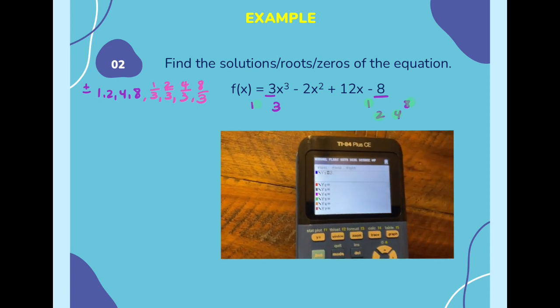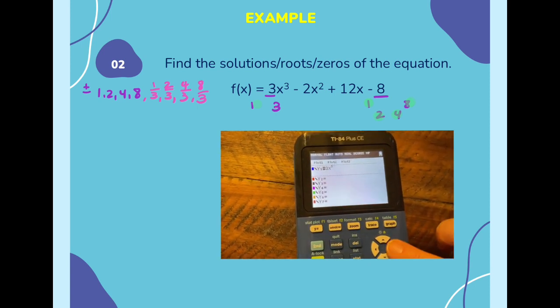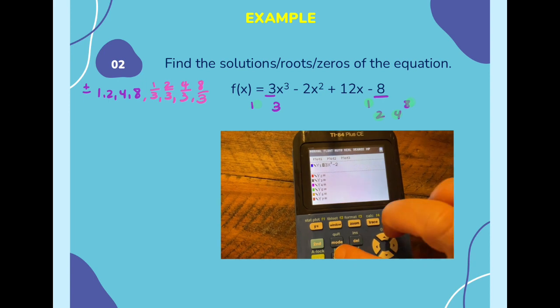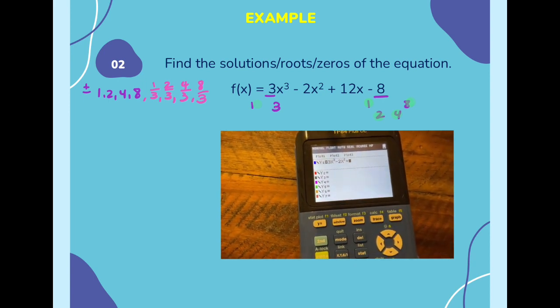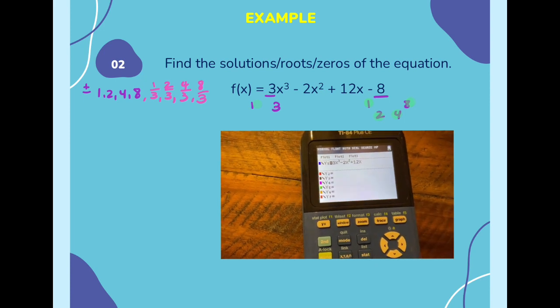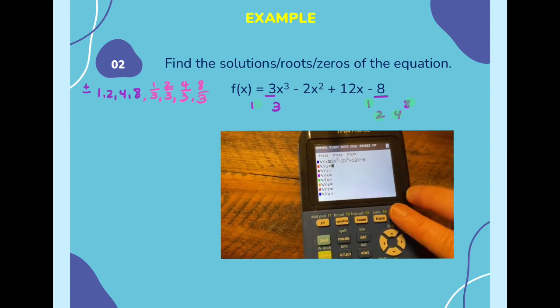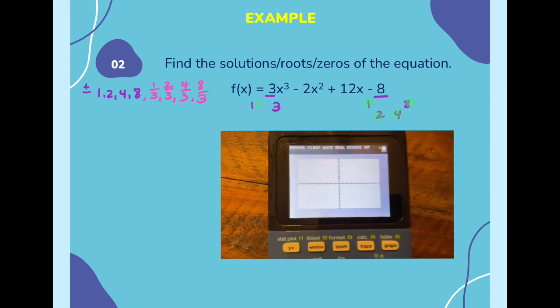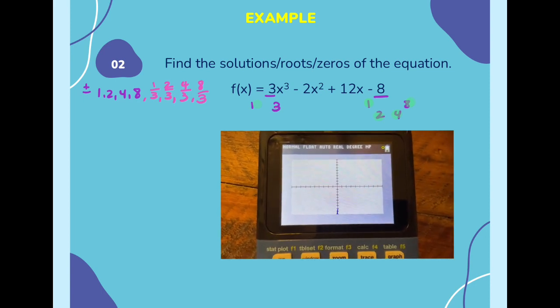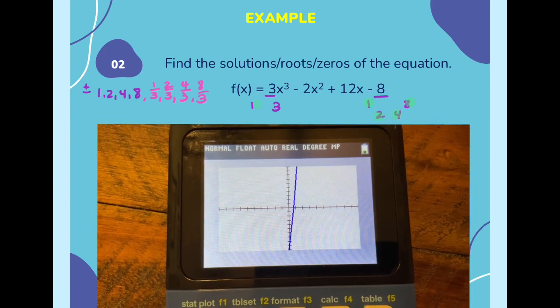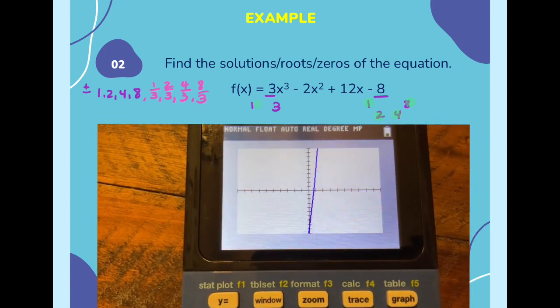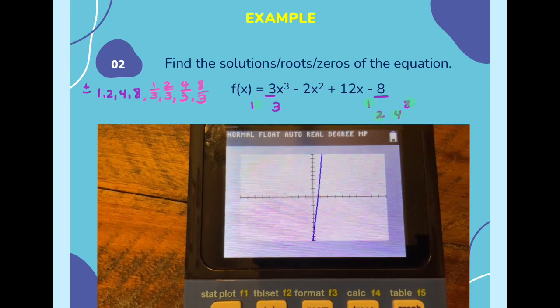So 3x to the third minus 2x squared plus 12x minus 8. And this time we see from our graph, again, it's only crossing through once. And this time it's not a whole number.